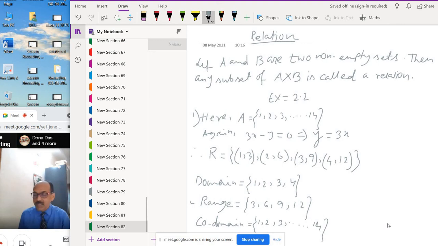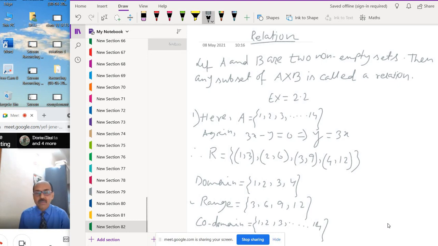Next, see question number 2. Define a relation R on the set N of natural numbers by R equal to {(x, y) such that y equal to x plus 5, x is a natural number less than 4}.